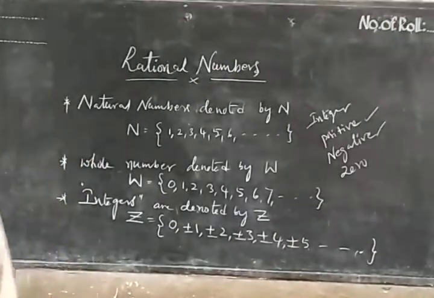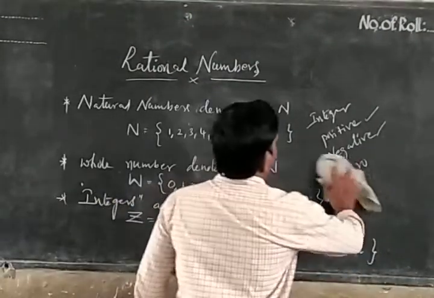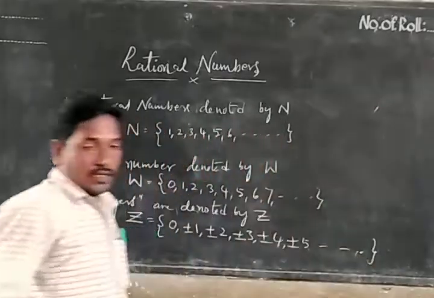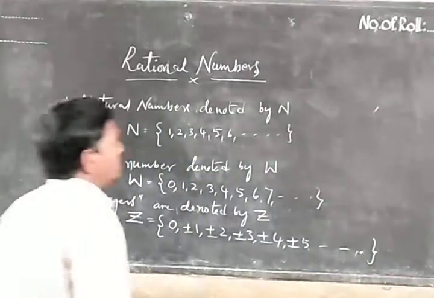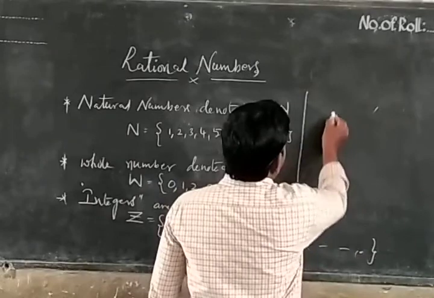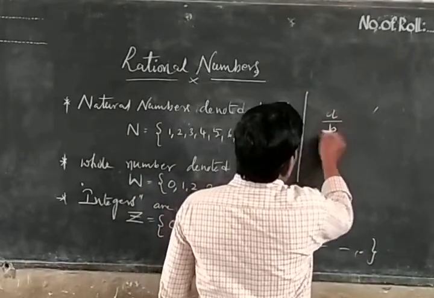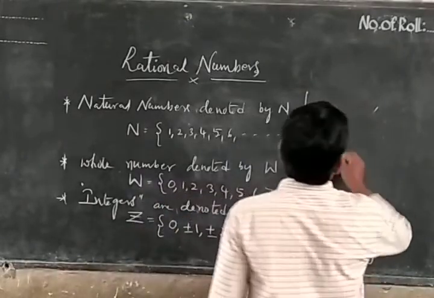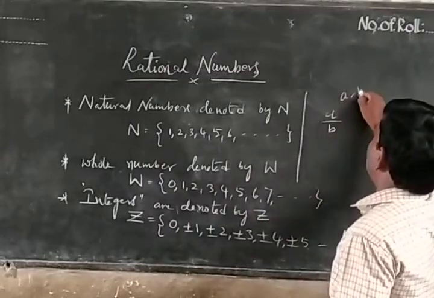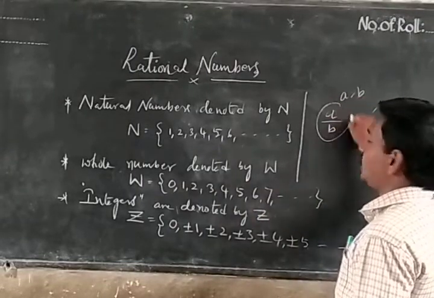Okay, you have already learned about fractions. Now fractions, what is the symbol of fractions? A by B. Now A by B or A is to B. A by B, it is a fractional form.